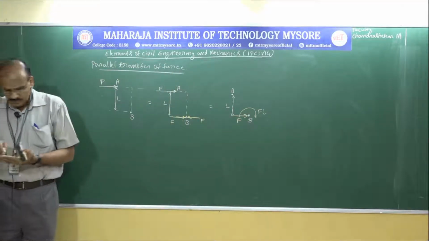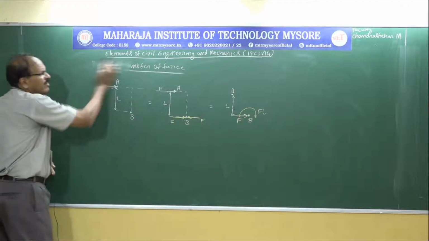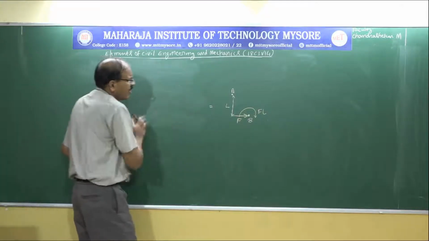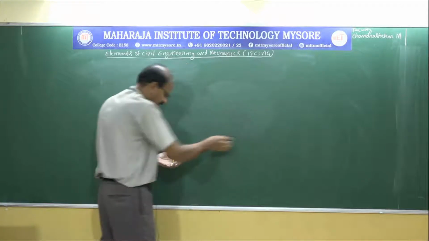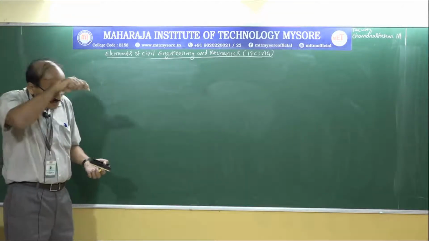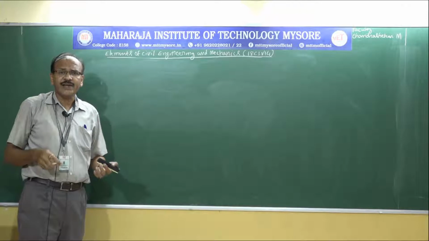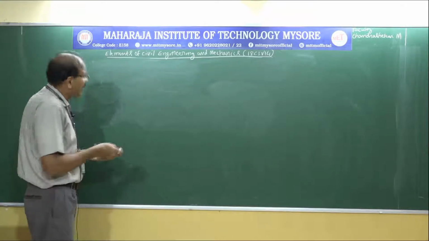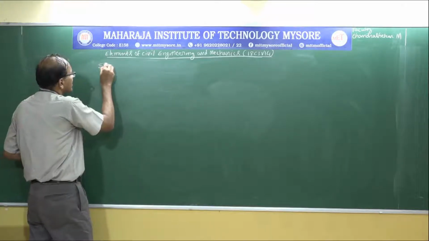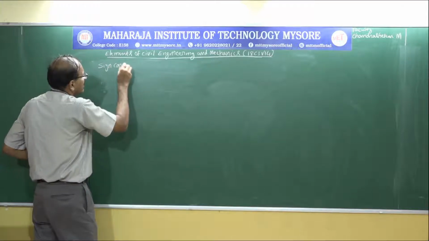Next, before we start solving the problems, we are going to follow certain sign conventions, and I have explained sign conventions already, but I am going to do it once again.